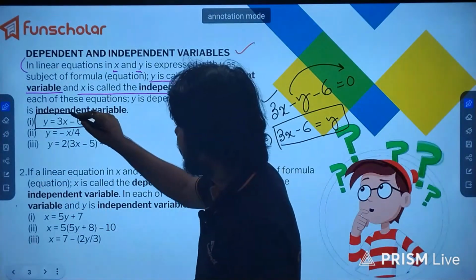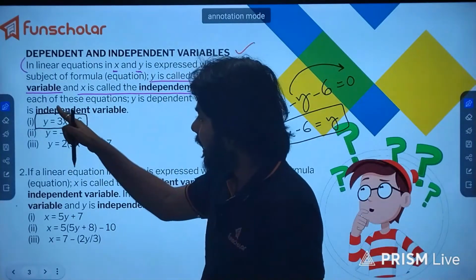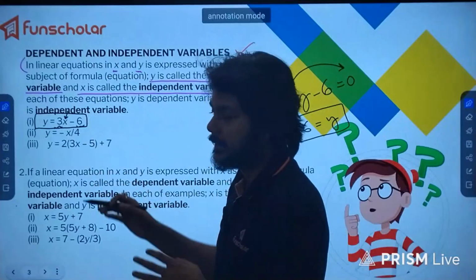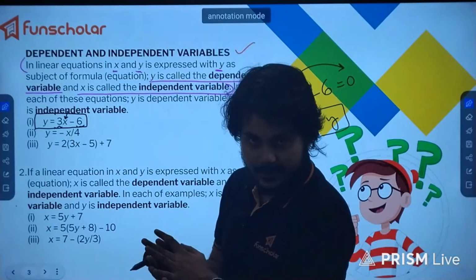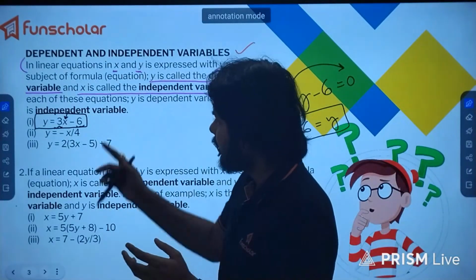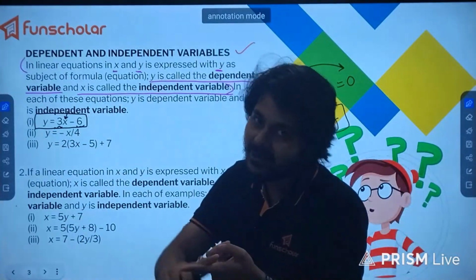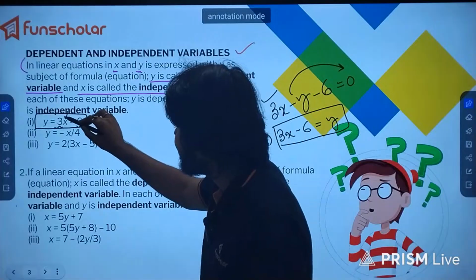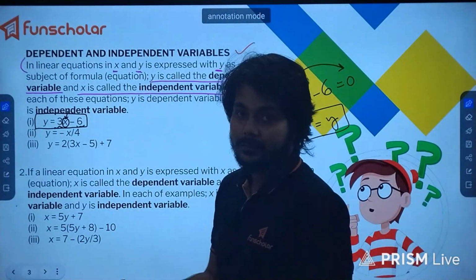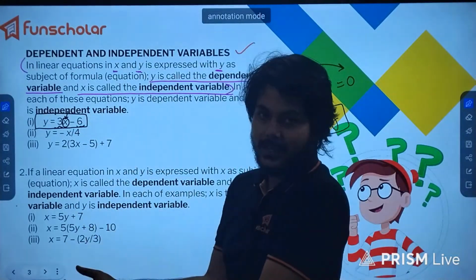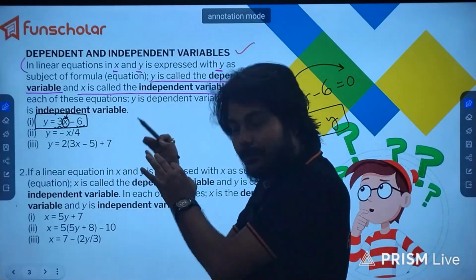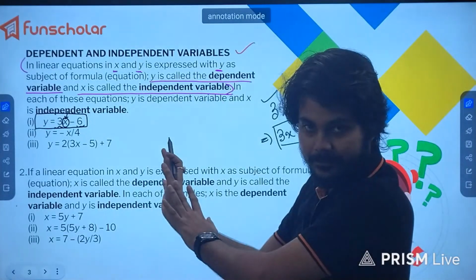So the value of y, see, 3 and 6, these two are the constant terms. Now the value of y is totally dependent on x, because x is a variable and a variable does not have any fixed value. So here y is totally dependent on x.